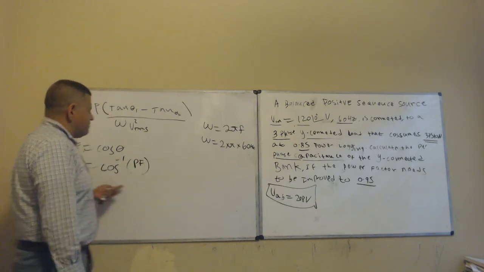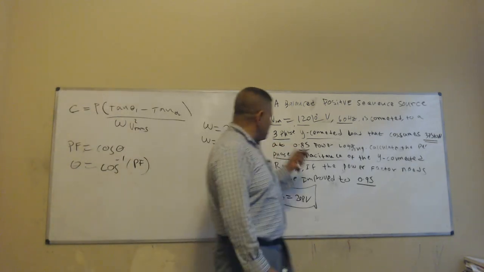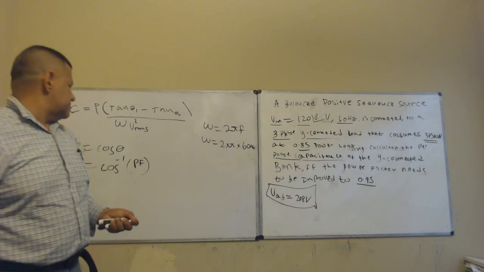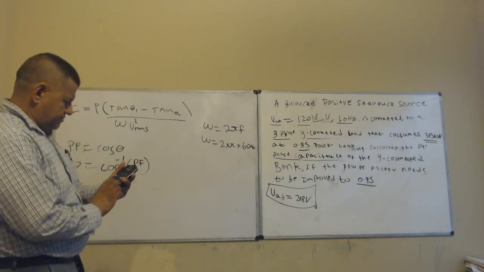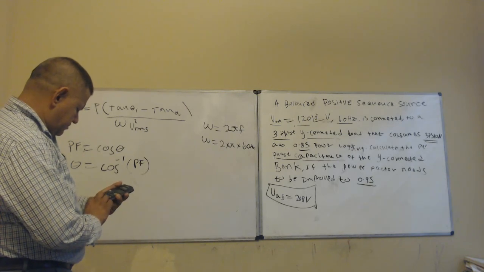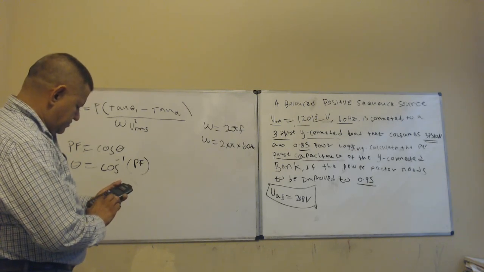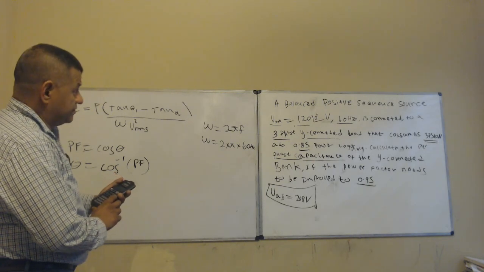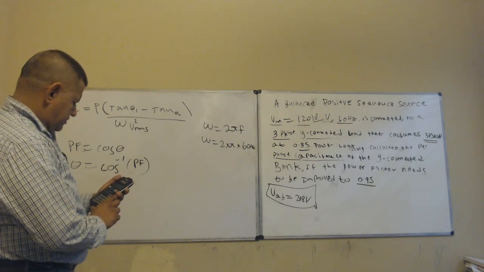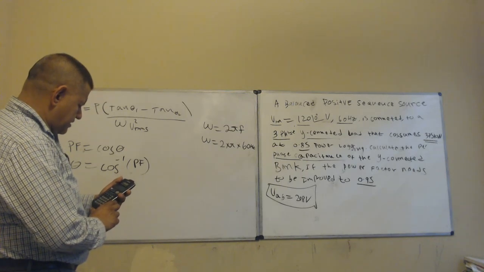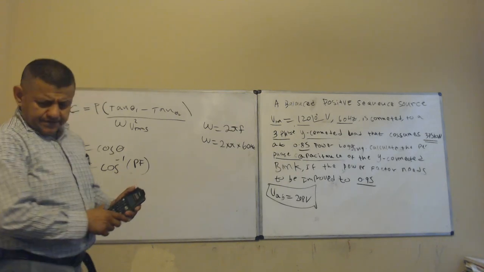Okay, so cosine inverse of the power factor. If I take the inverse of 0.85, so if I do that, it's equal to 31.779.